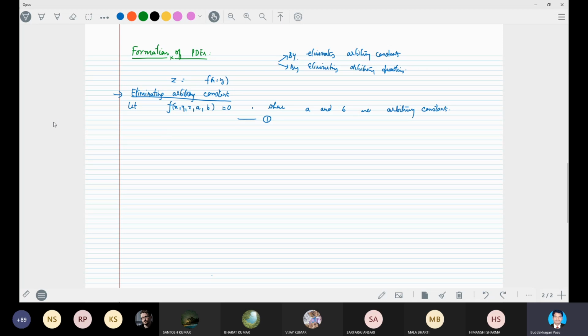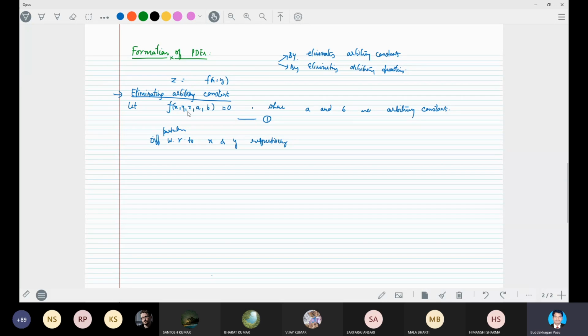So now, differentiating 1 partially with respect to x and y respectively, we can get it.